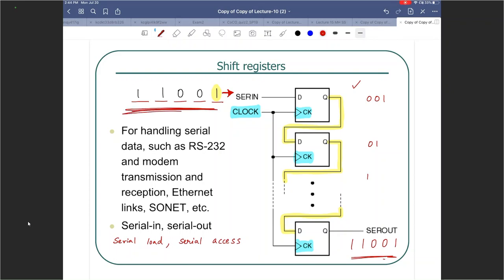So serial load and serial access, as opposed to parallel load, parallel access, or it could be a combination of serial and parallel, any which way. But this is an example of shift registers where you are taking in a serial input bit stream and transmitting it through a serial output with a bunch of D flip-flops that are cascaded in the middle.